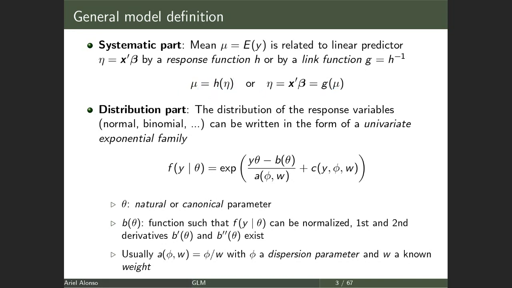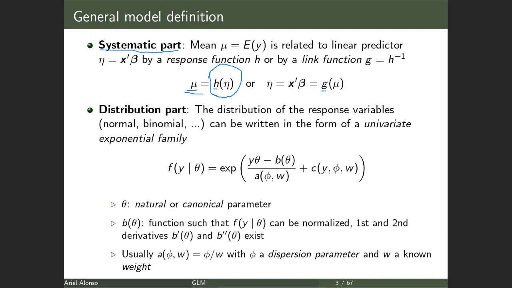If you are dealing with a Poisson stochastic process, then this mu has to be positive because it's the average of counts. And then you have to make sure that this response function guarantees that the right side of this equation stays positive. So you need to be careful when you define a response function, or equivalently a link function, to make sure that you get valid values for your mean. But that is the systematic part.